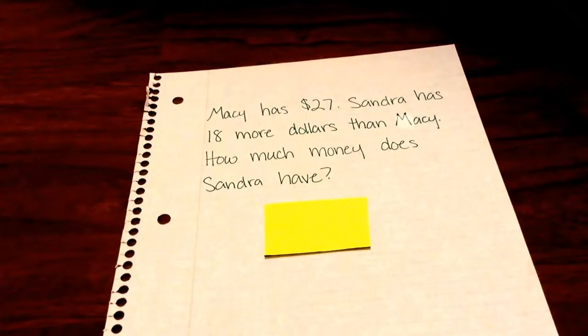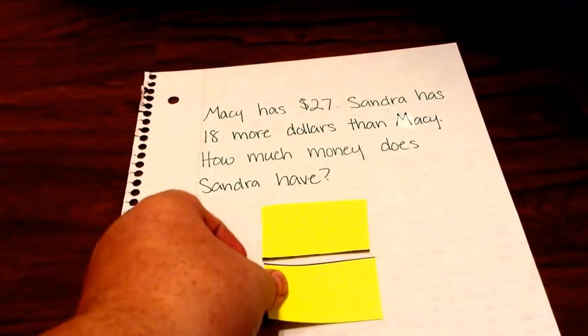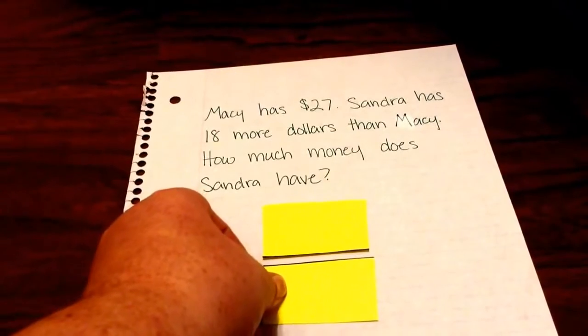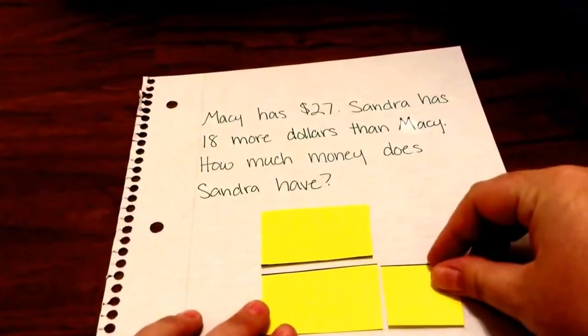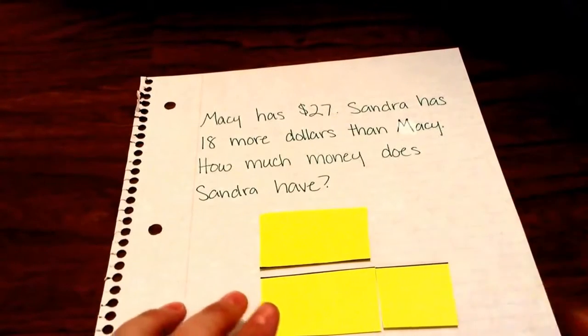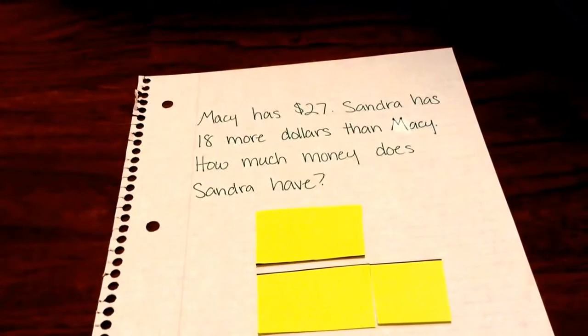And it says that Sandra has $18 more than Macy. So not only does Sandra have $27, but it says that she has 18 more than that. So Sandra's amount will be larger than Macy's since she has 18 more.